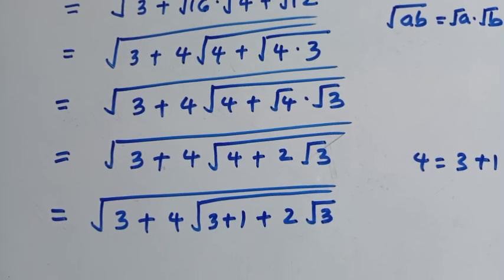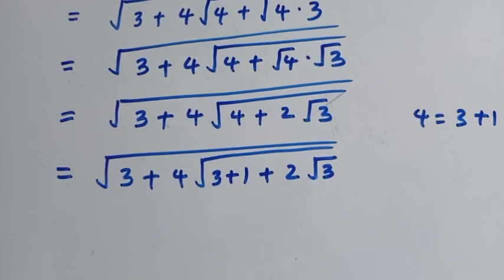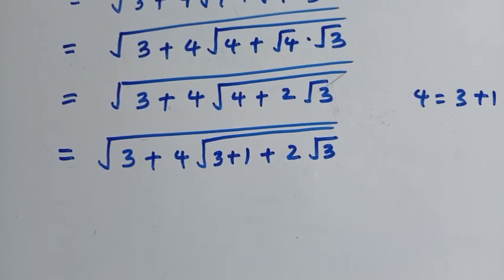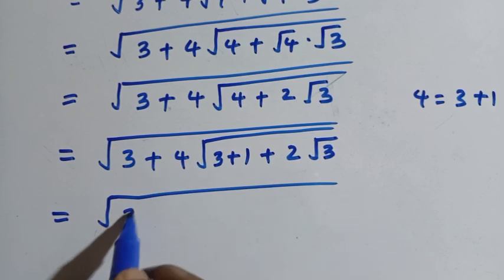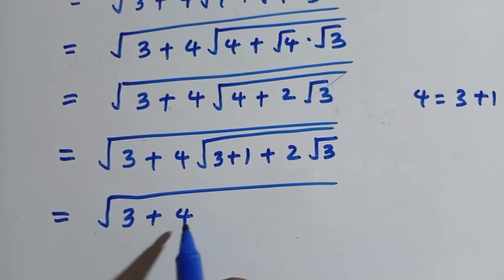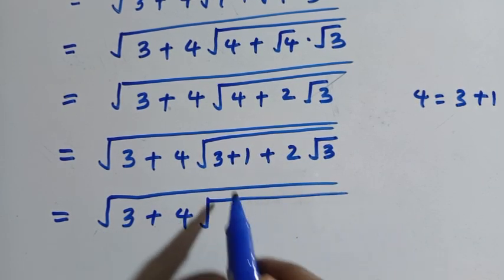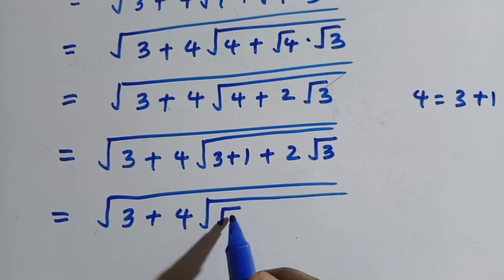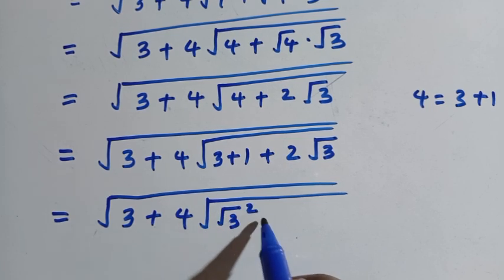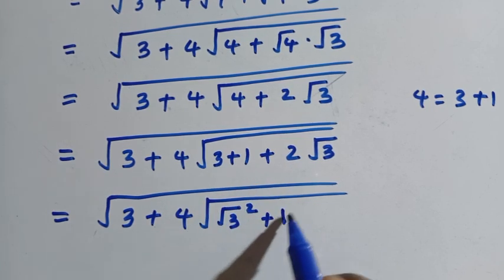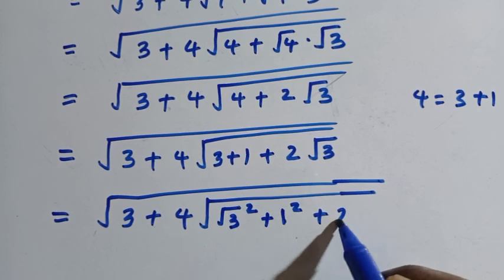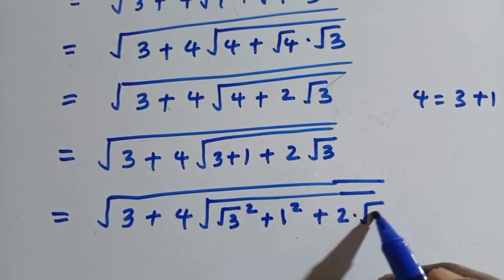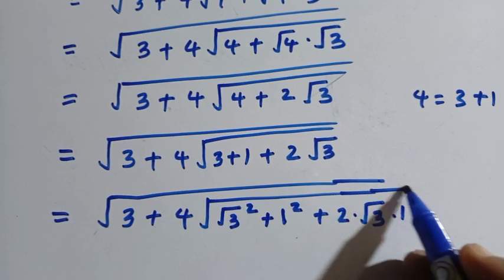And in the next step, this equals the square root of 3 plus 4 square root of, so 3 here, we can write it as the square root of 3 squared, plus 1 squared, plus 2 multiplied by root 3 multiplied by 1.